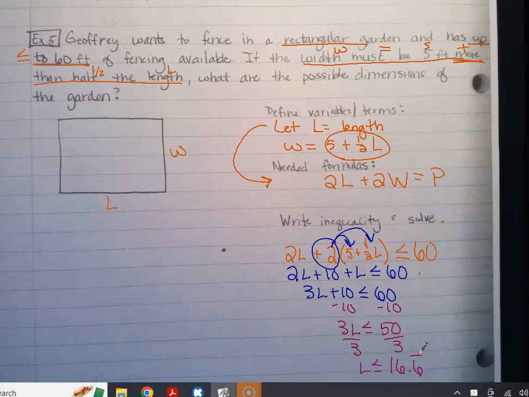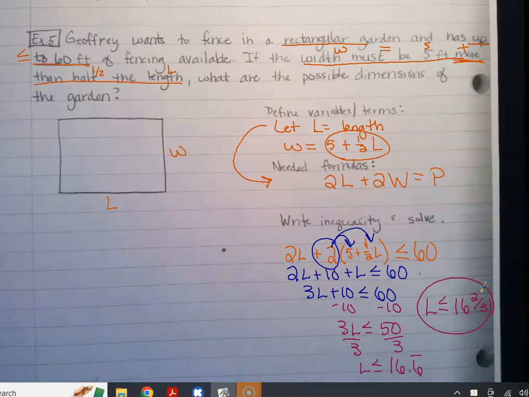Oh, yeah. So this is L is less than or equal to 16 and 2/3. Right, 0.333 is 1/3. 0.6666 is 2/3. That would actually be your best answer, to make it a fraction, because those repeating decimals are just not as good. All right, very nice.